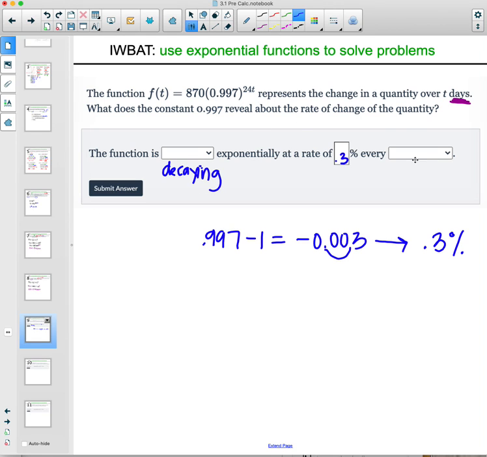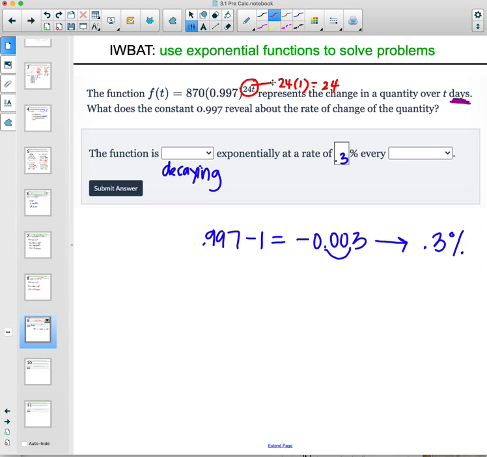Every how often? Now, don't just pick days, because this number up here has to equal 1 for this to happen. So this happens when the exponent is a 1. If you say it happens in 1 day, that's actually 24 times up here, because if you plug 1 in here, 24 times 1 day has an exponent of 24.